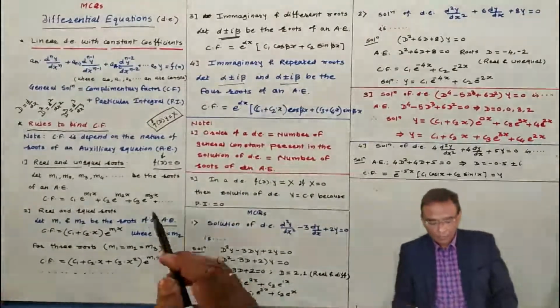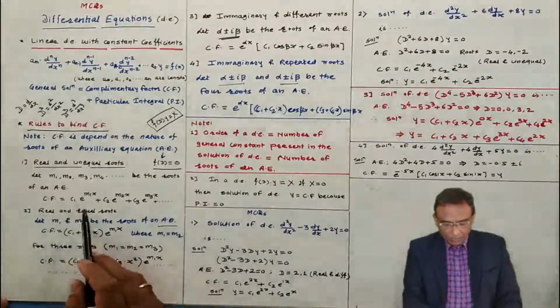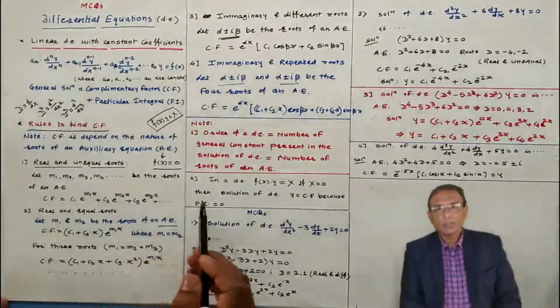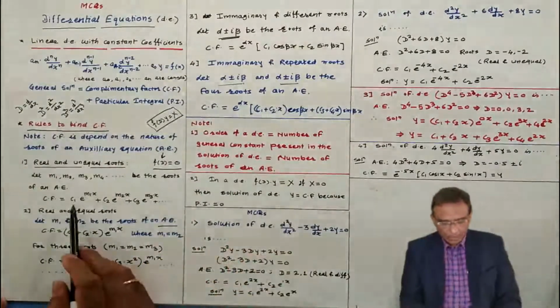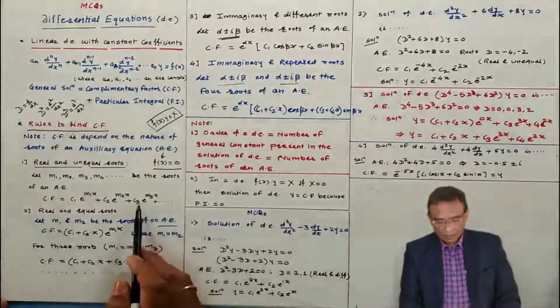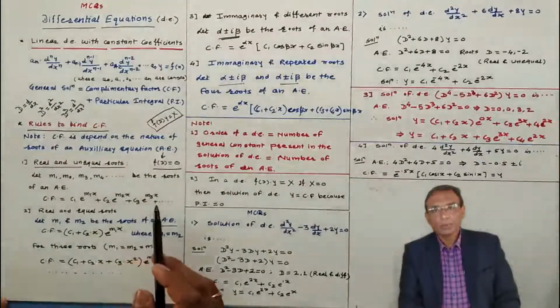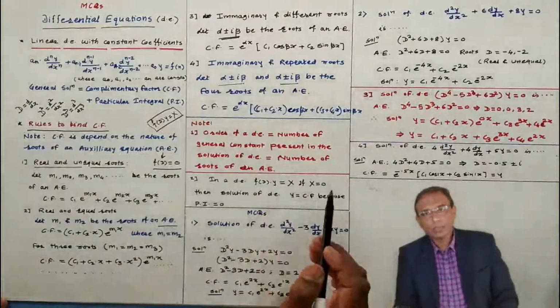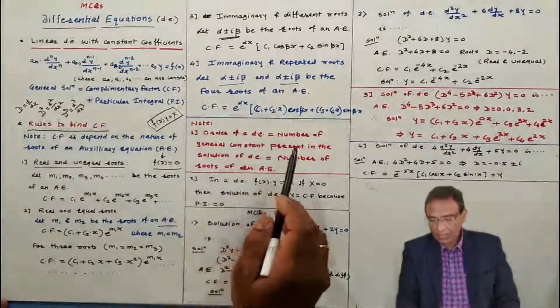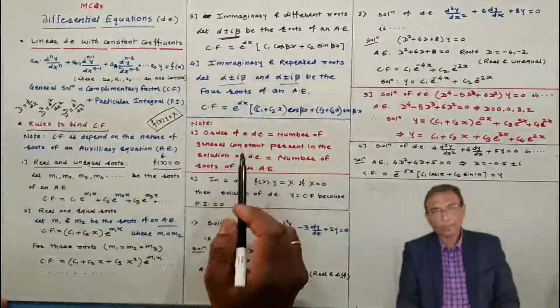Now you might have observed the number of general constants C1, C2, C3, C4 and so on. If there are three constants, then the number of roots of an auxiliary equation will be 3. Okay, this note particularly I have written. This may be asked as a multiple choice question.